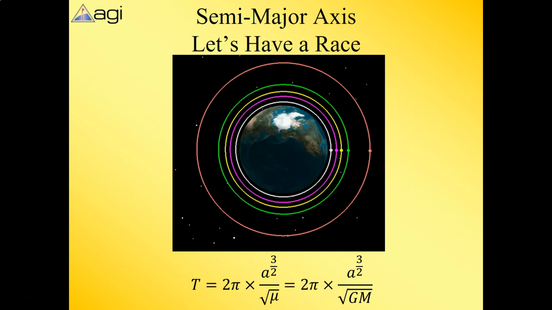That space station is in a very, very short orbital period. It's in a very, very small semi-major axis, a very close orbit. Obviously, as we get further out, there's more distance to cover, and so the orbital period for something with a bigger A is going to be greater.